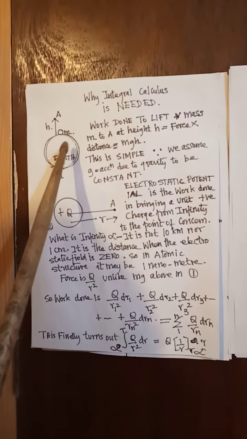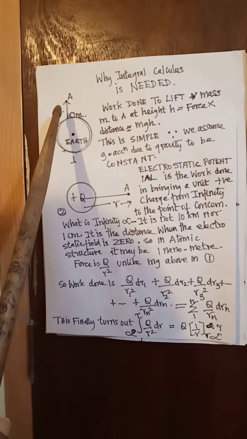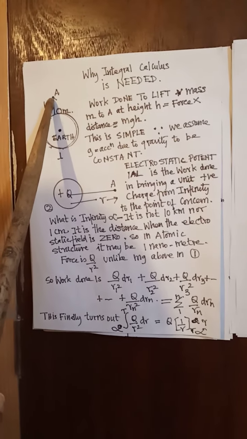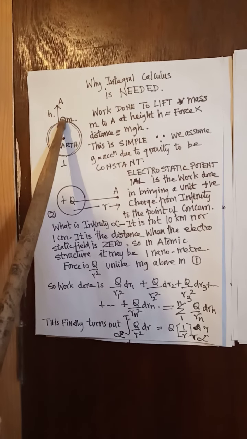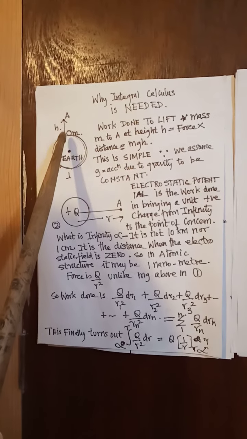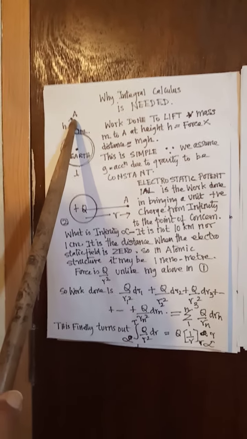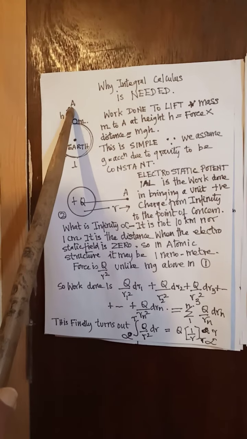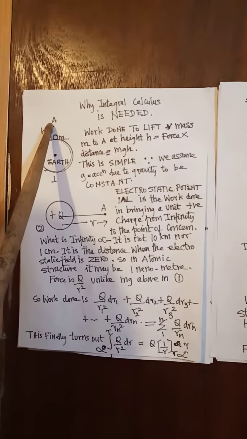See here, this is the Earth, and then we want to know the potential at A. So what we do, m is the mass of this, so mg is the force, and then mg into distance, mg into the height will be mgh, so the potential here is mgh.